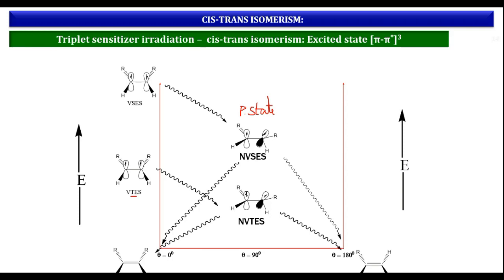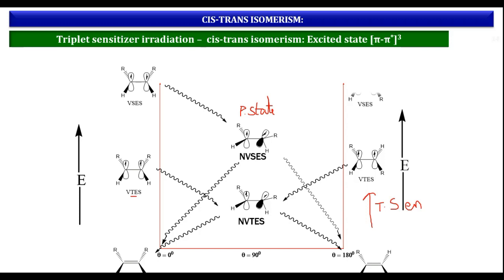If you start the reaction with the trans isomer, first it forms the vertical triplet excited state by triplet sensitization, then it goes to the non-vertical triplet excited state. Now this P state converts into the cis form and the trans form.